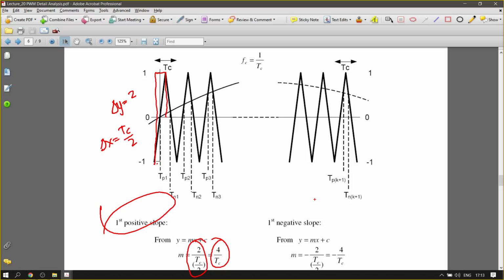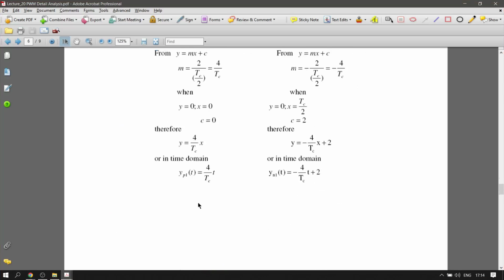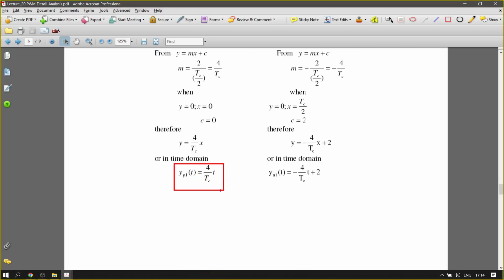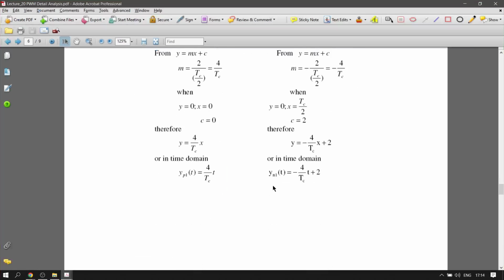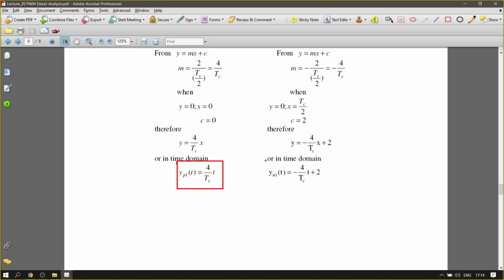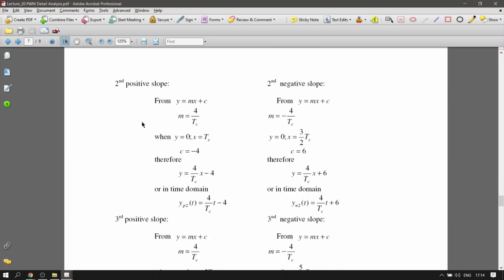And then you dapat y_p1 equals 4 t over T_c. And then next untuk negative slope, you akan dapat negative. Then finally you have these two. Buat lagi proceed with the second slope, second positive slope.